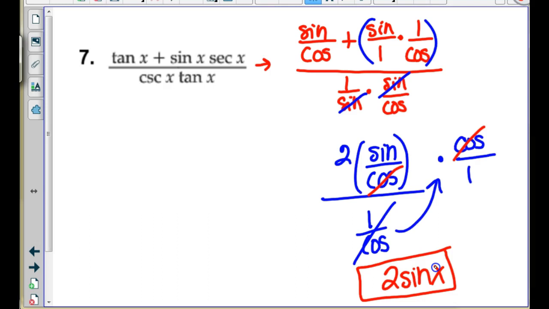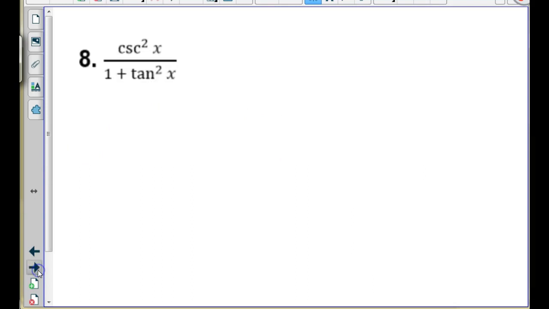Do you have to know your fraction rules? Any questions? All right, what's different about this question? There's a bunch of squareds, and there's addition involving a squared. What is 1 plus tangent squared? Is it anything I can trade?